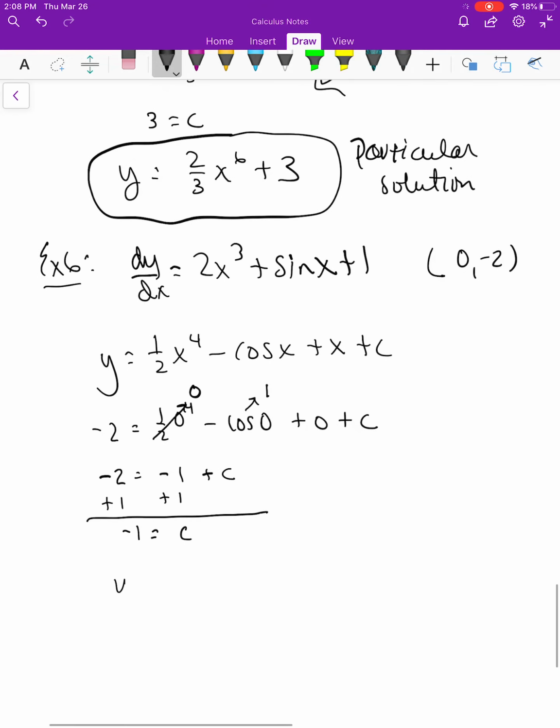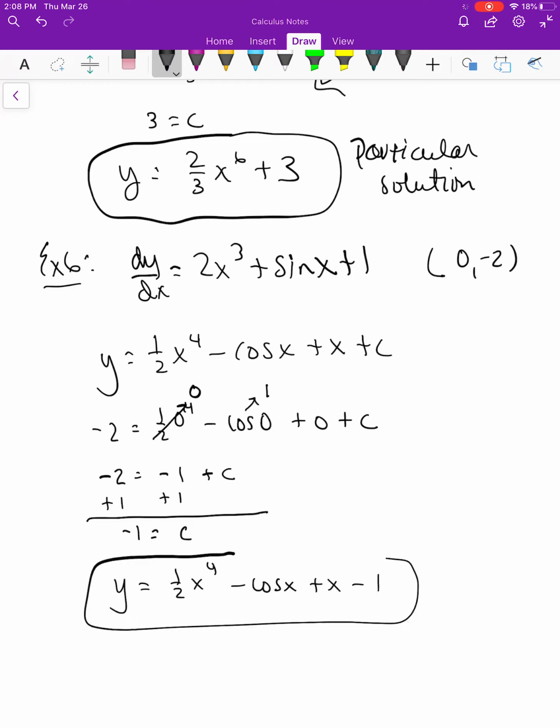This would be -1 plus c. I would have added 1 to both sides, and my c would have been -1. And then I would have been able to give the particular solution. Y equals 1/2 x to the 4th minus cosine x minus 1.